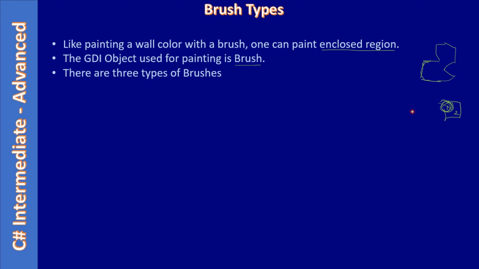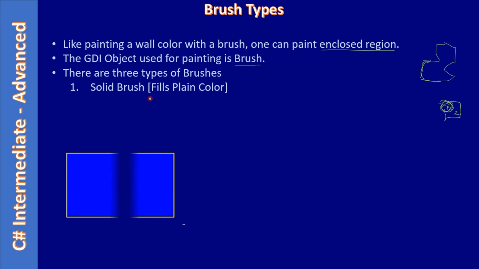There are 3 types of brushes available. One is the solid brush. It fills the enclosed region with a plain color. Here, the enclosed region is the rectangle. You can see the outer layer here in yellow, and the solid brush paints this enclosed region blue.